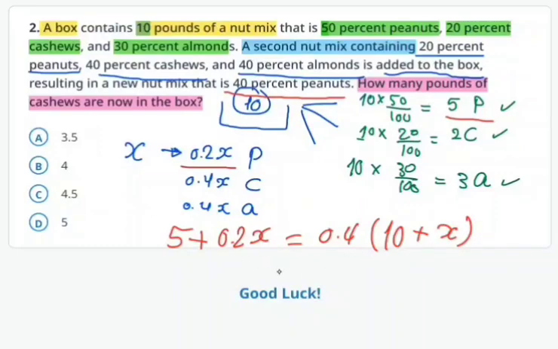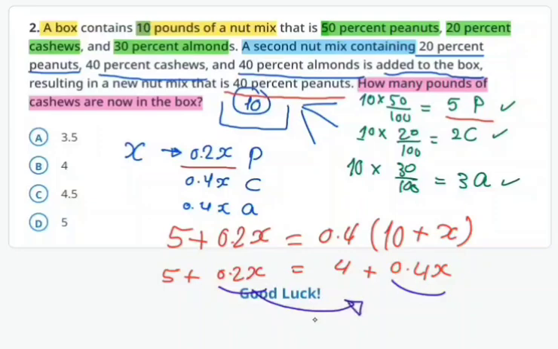Let's solve this equation. 0.4 multiplied by 10, which is 4, plus 0.4 times X, is 0.4 X. The left side stays the same, 5 plus 0.2 X. Let's check which X is smaller, as I taught you before.